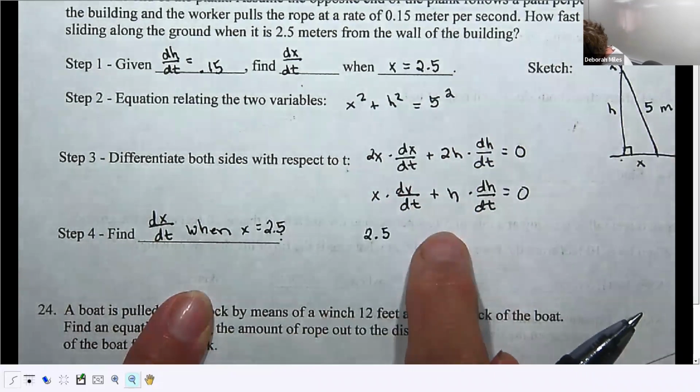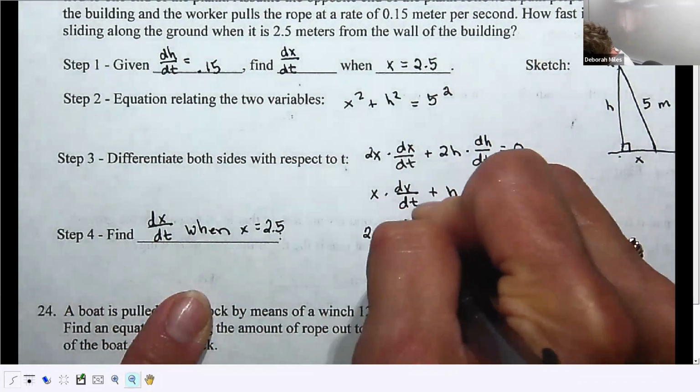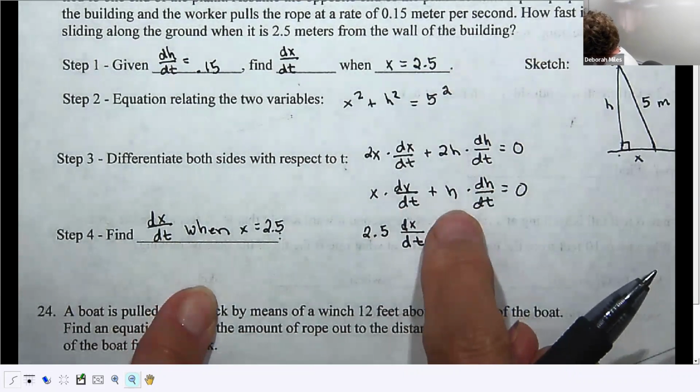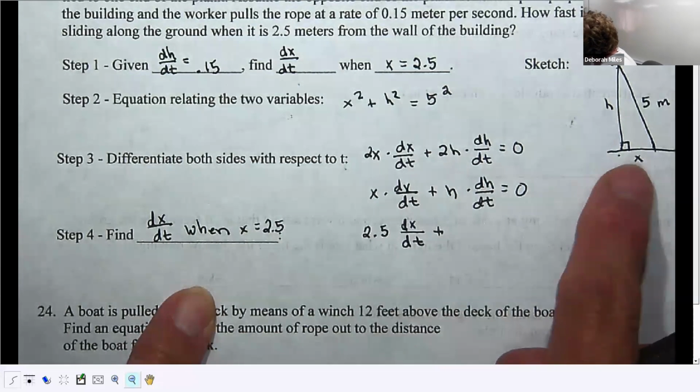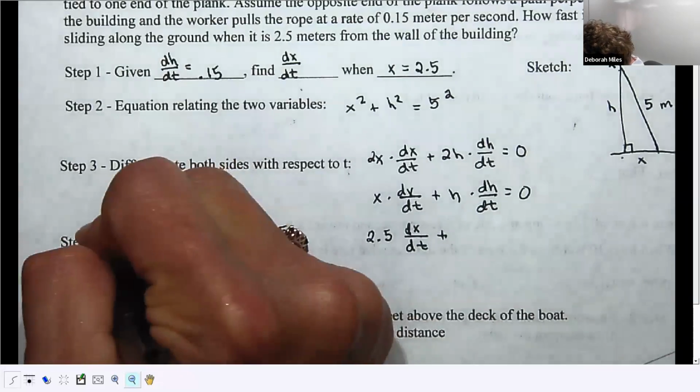And I'm solving for dx over dt, so I don't have to have anything in place of it. But I don't have anything to plug in the place of h. When x is 2.5, I can find h. So maybe I need to do that over here.